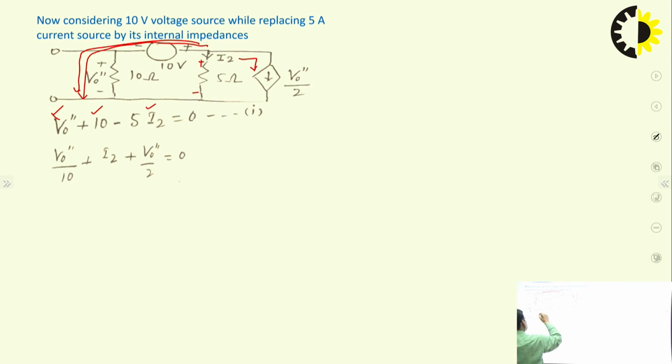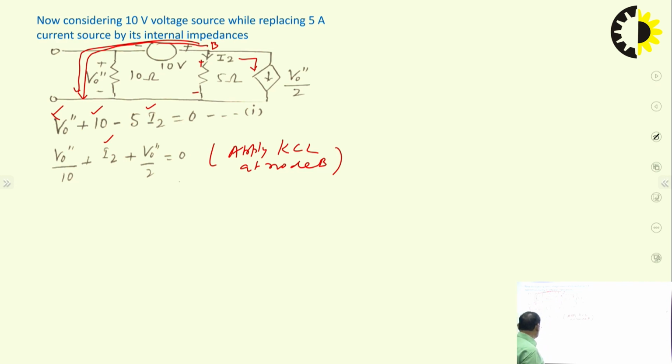Now I2 is flowing away, and V0'' by 2. So all three current variables are leaving this node, say this point is node B. So we apply Kirchhoff's current law at node B. This current is this voltage upon this impedance, and this current is flowing through this 10 volt source.